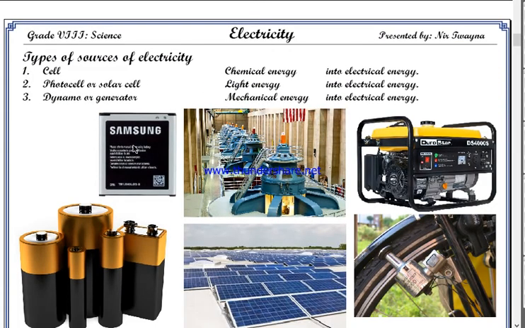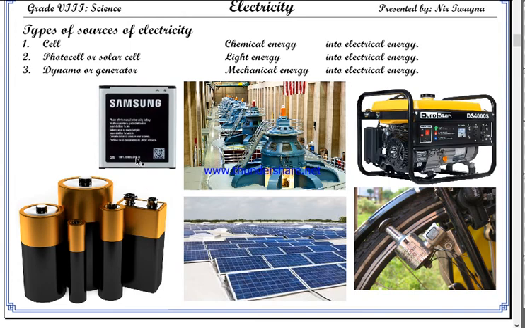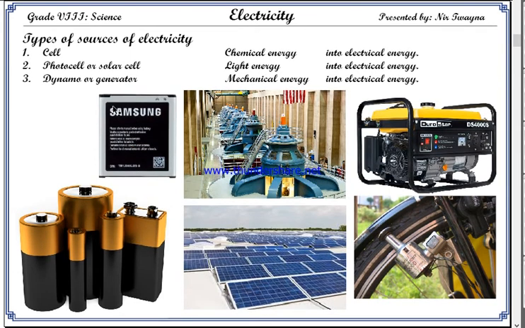Okay, then let's discuss some of these sources of electricity. There are basically three types of sources of electricity. Number one is cell, number two is photocell or solar cell, and number three is dynamo or generator. A cell is a device which converts chemical energy into electrical energy.